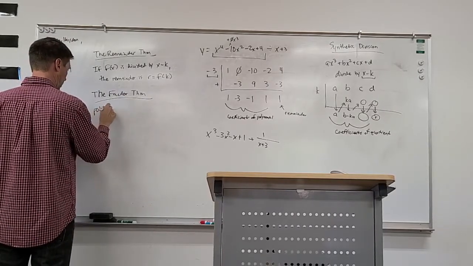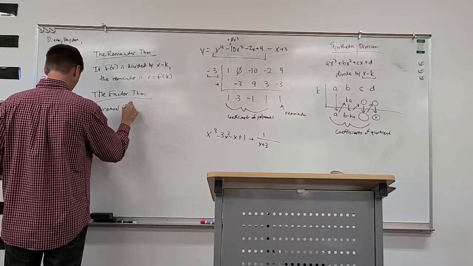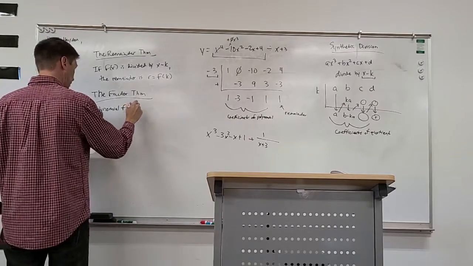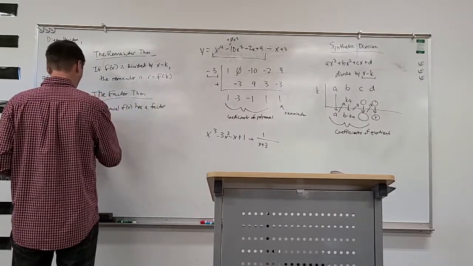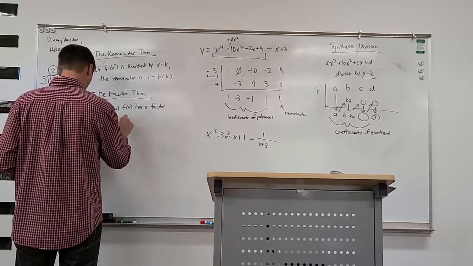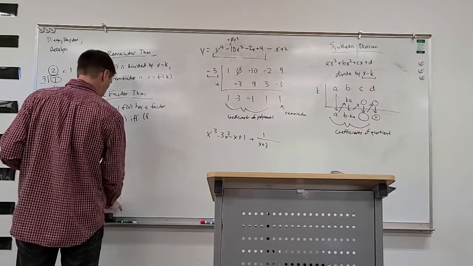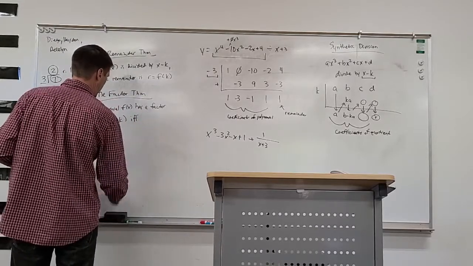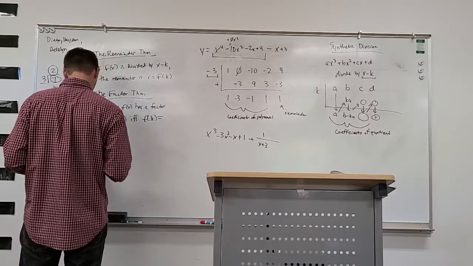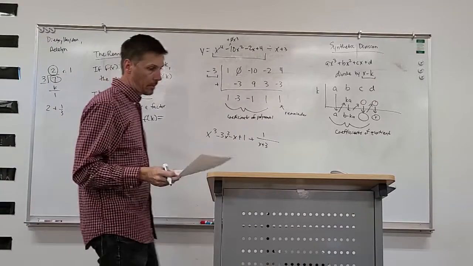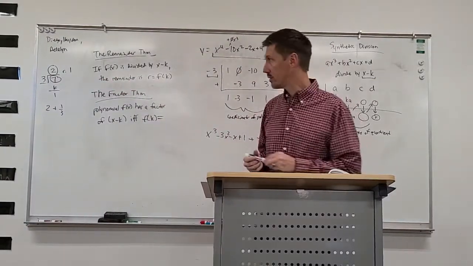Polynomial f of x has a factor of x minus k if and only if f of k equals what? 0, right?